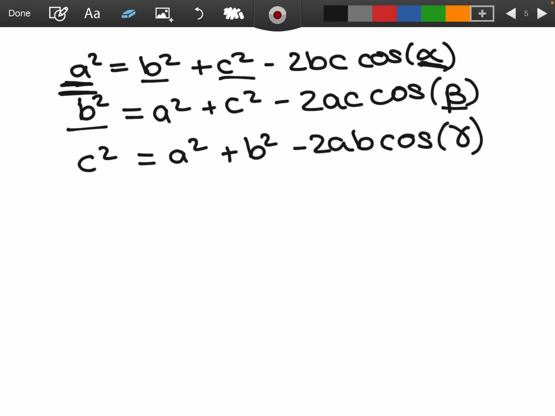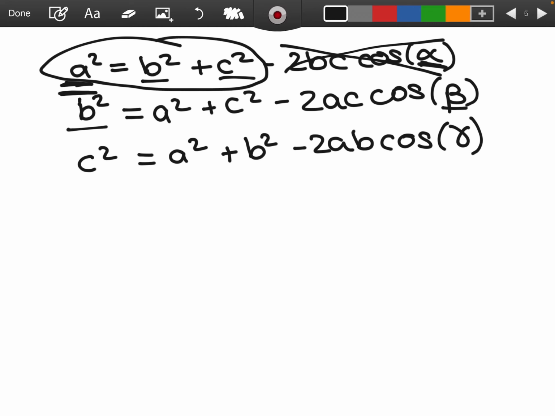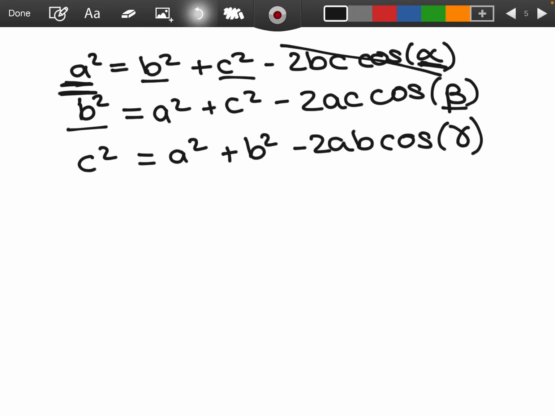The x-coordinate there is 0. So that would completely eliminate this term. When you have a triangle that has a 90-degree angle in it, you're just left with this, which is just Pythagoras, which is exactly what we have used before. That's where that comes from. So if you do end up seeing a 90-degree angle, keep that in mind.